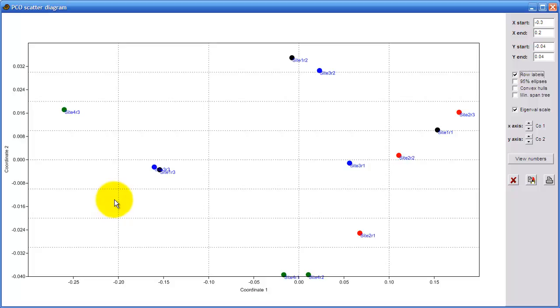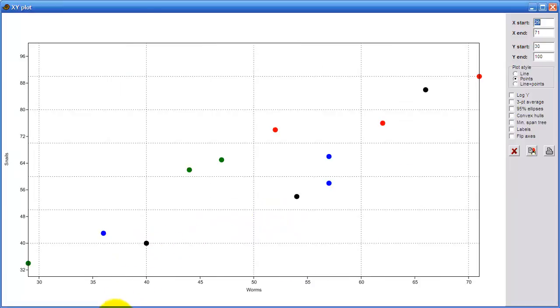Now, because we have only 2 species, the graph we're looking at here for the principal coordinates analysis is not really telling us anything different from the graph here, which is a linear scatter plot.